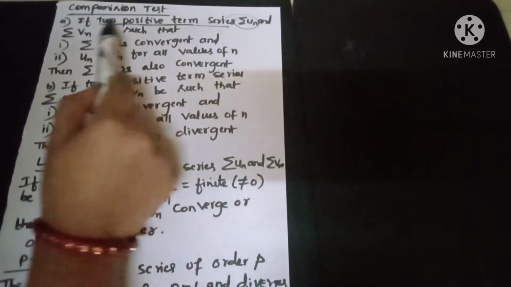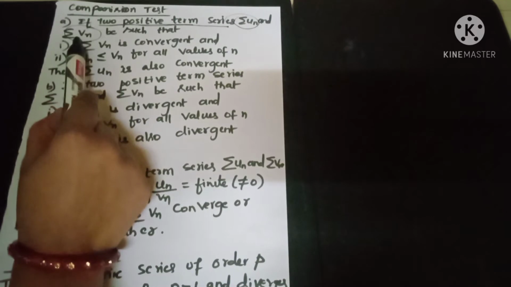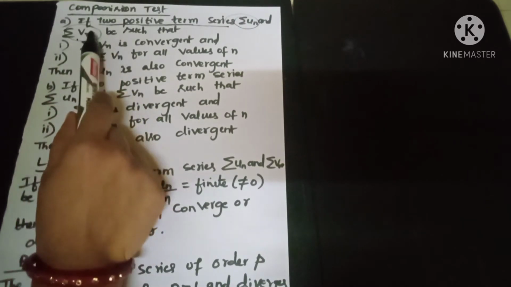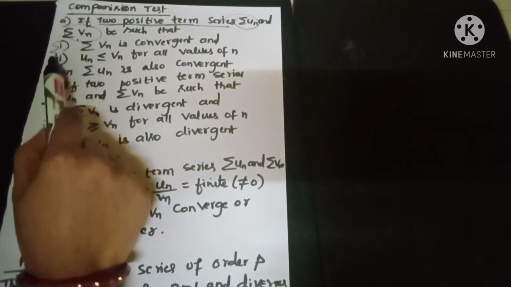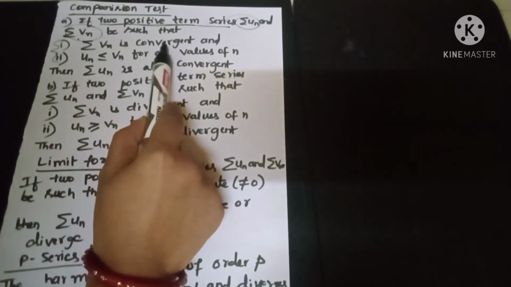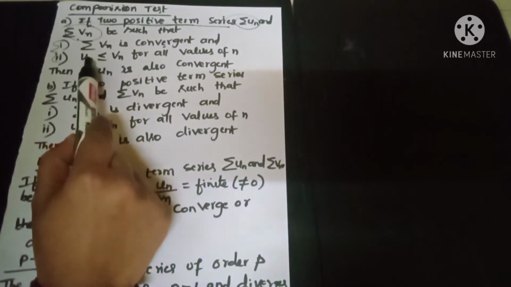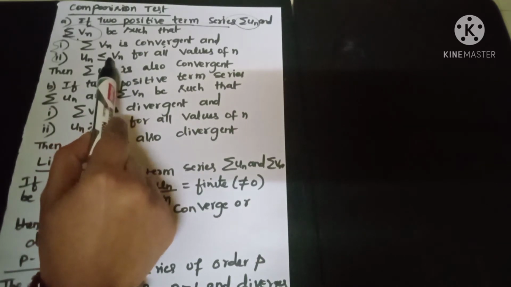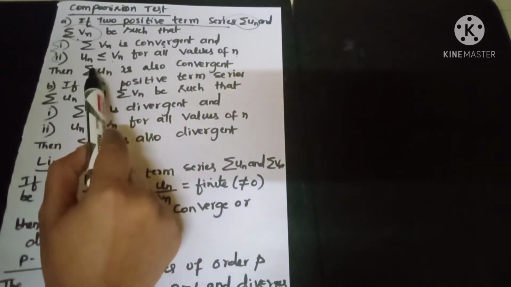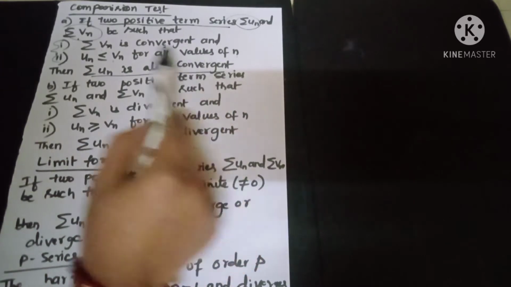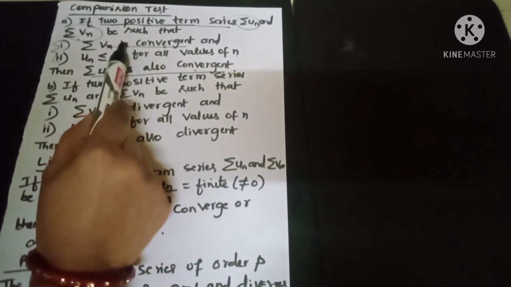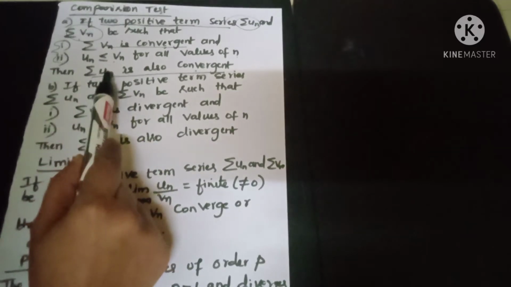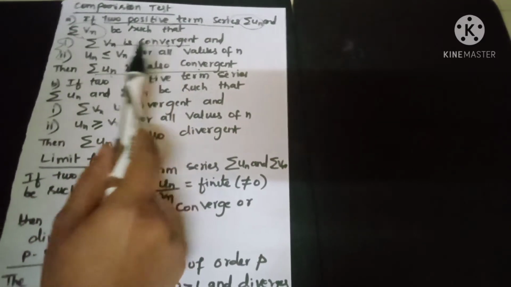The two series are sigma un and sigma vn, such that if sigma vn is convergent and un is less than or equal to vn for all values of n, then we say that the given series is also convergent.